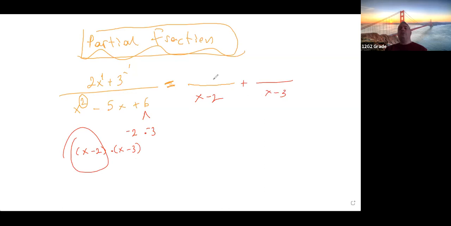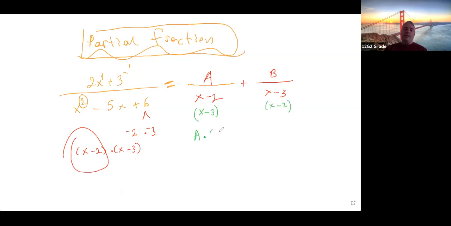And then for the numerators: the degree of the denominator is 1, so the degree of the numerator must be 0, and for degree 0 we put just a letter, A and B. Then equalize the denominators: put x minus 3 here and x minus 2 here.